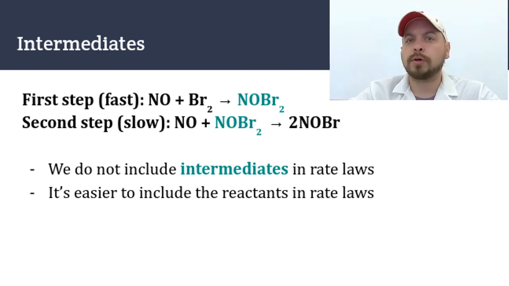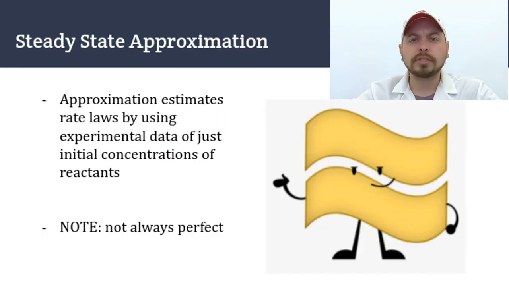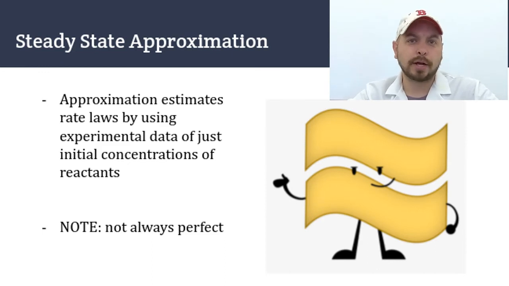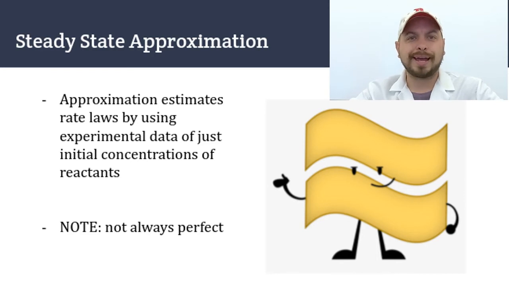This requires what's called an approximation, sometimes known as the steady state approximation, depending on the circumstance. But these approximations estimate rate laws. They're not perfect, admittedly, but they do a pretty decent job of getting around the ballpark of the rate law using experimental data of just initial concentrations of reactants. And that's what we're looking at here.